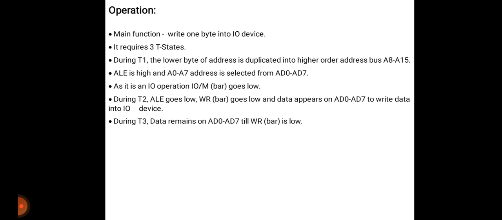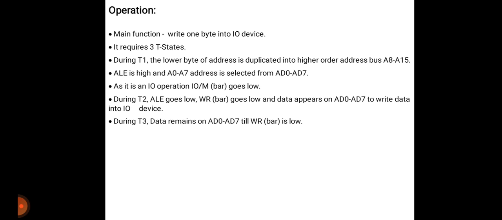During T1 state, the lower byte of the address is duplicated into the higher order address bus, that is A8 to A15. Then ALE is high and A0 to A7 addresses are selected from the AD0 to AD7. It is an input output operation, that is IO by M bar goes to logic 1.